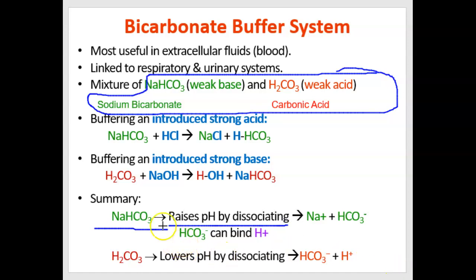It does so by dissociating and producing this bicarbonate ion, which binds up the excess hydrogens. So that would raise the pH. It can also lower the pH because it has carbonic acid, and if carbonic acid dissociates, you produce hydrogen ions, and that would lower the pH.